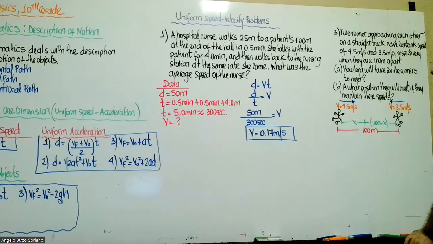In this situation, remember the problem is asking for the period of time in which they will meet. So basically, we have to establish the system of equations. Remember, x represents the distance, which is velocity times period of time for one of them.